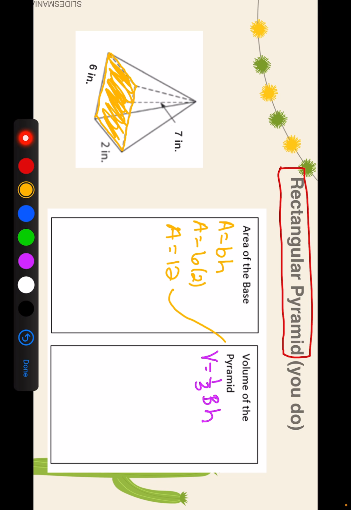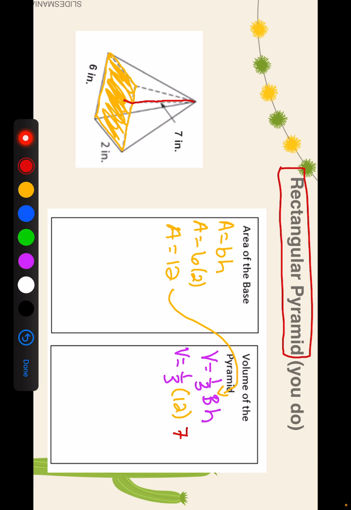Okay, then remember you take that and you plug it into your big B. So you're going to have V equals 1/3 area of the base, which is 12, times your height. And we said our height goes from the base all the way to the very tippy top of the pyramid. And our height is what? 7. That is correct.